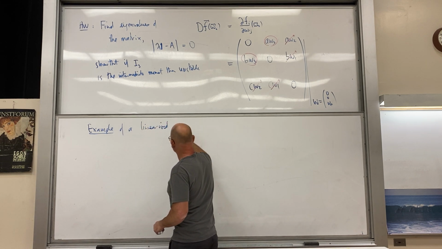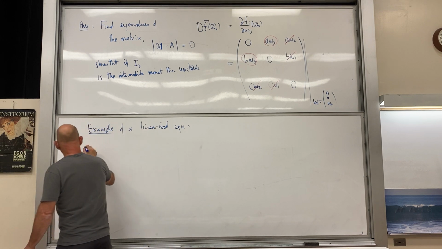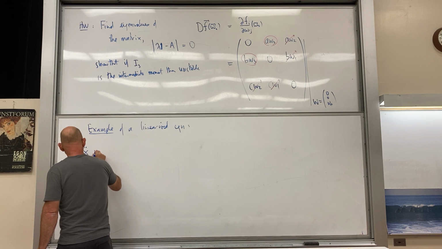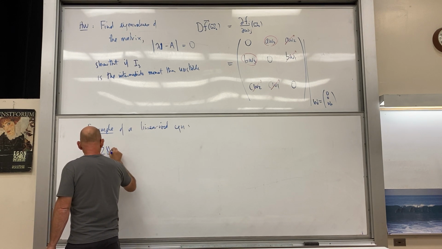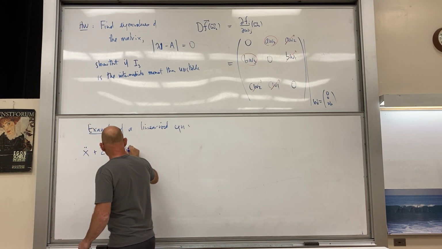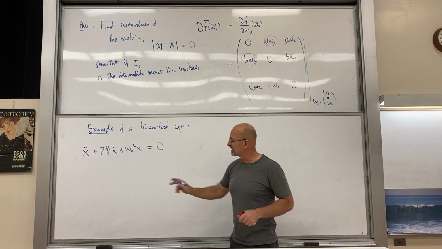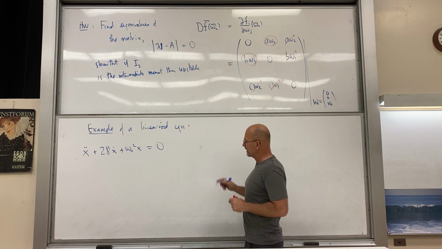So let's call this an example of a linearized equation, because that's what it is. It's our damped oscillator, so we'll go straight to x double dot plus 2 gamma x dot plus omega naught squared x equals 0, right? We've studied that thing a lot.